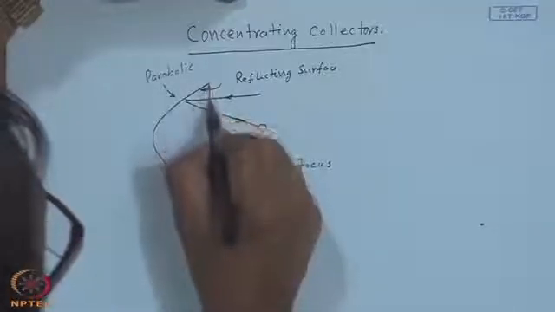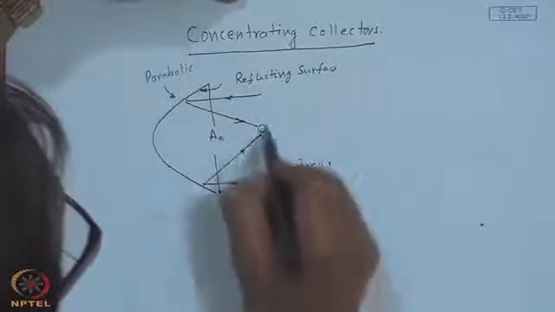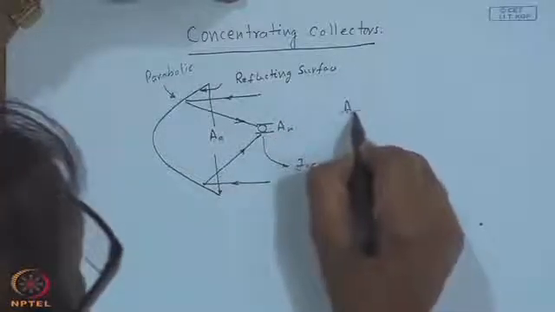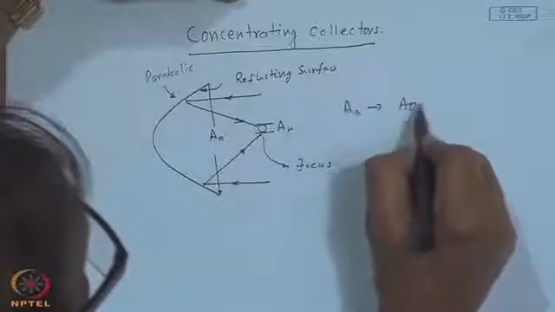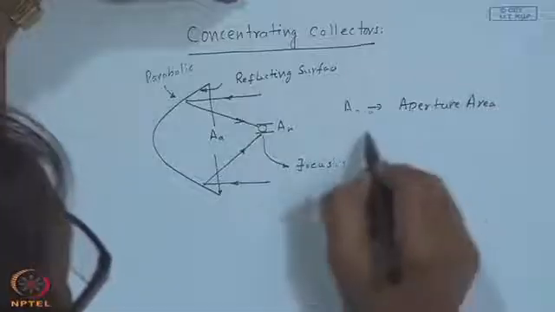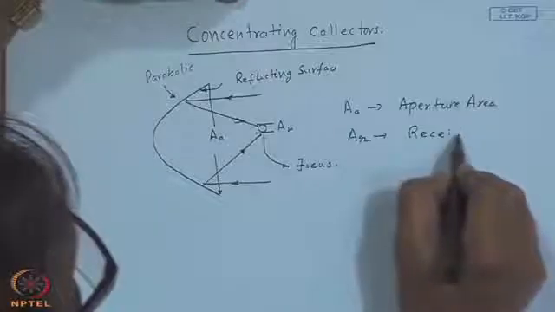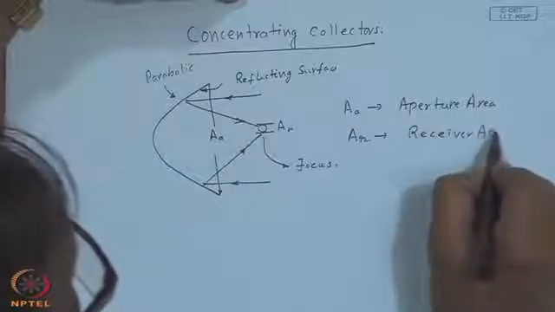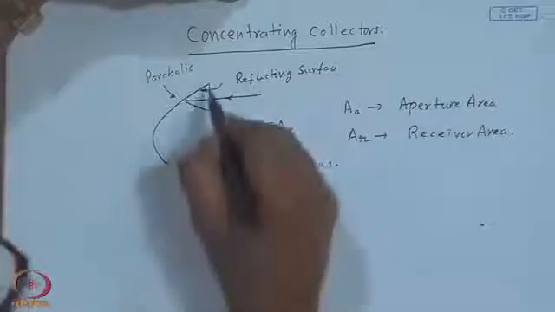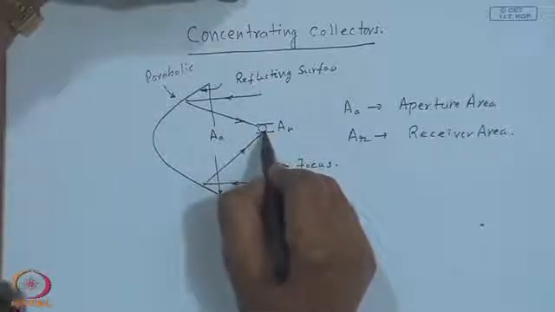Now, to fix the idea, let this projected area be AA, the aperture area, and AR the receiver area. Okay. So, whatever radiation is received by this aperture is reflected onto AR.